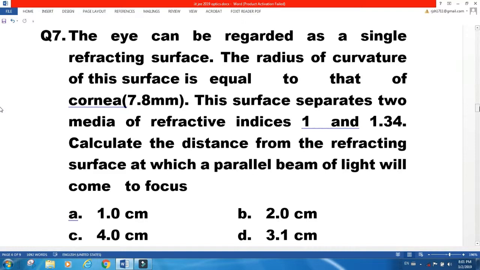The eye can be regarded as a single reflecting surface. The radius of curvature of this surface is equal to that of cornea, 7.8 millimeter. This surface separates two media of refractive indexes 1 and 1.34. Calculate the distance from the reflecting surface at which a parallel beam of light will come to focus. Now, what is given here?